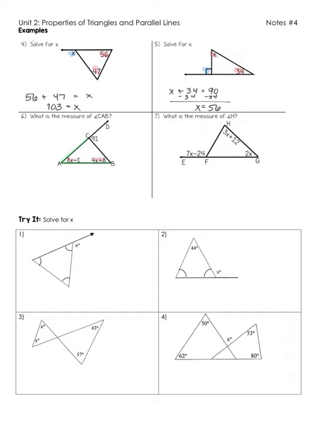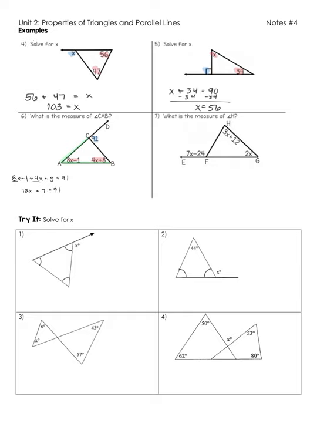These are my interior angles. When they add together, they should equal my exterior angle. So when I add these together, 8x minus 1 plus 4x plus 8 equals 91. If I combine my like terms, 12x plus 7 equals 91.